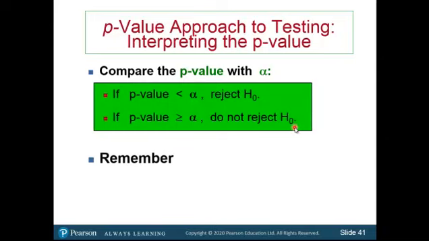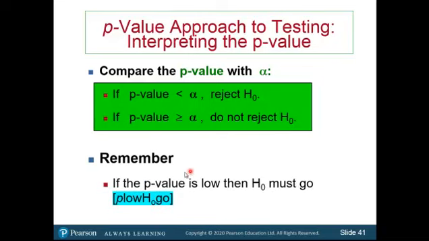Just remember, here is a simple way to remember this. If the p-value is low, then null must go. We can further simplify it as P low, Ho go. P low, Ho go means if the p-value is less than alpha, reject null.